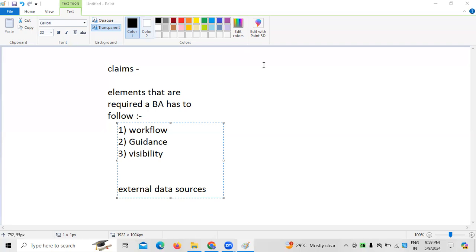We must know what the different claims are. All these things are something which, as a business analyst, we need to know. Workflow configurations and workflow processes, all of this we are going to discuss from tomorrow onwards.